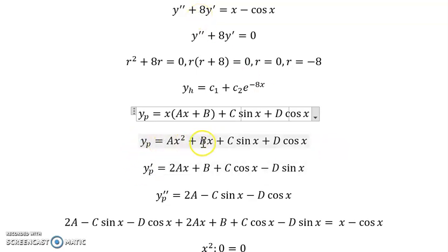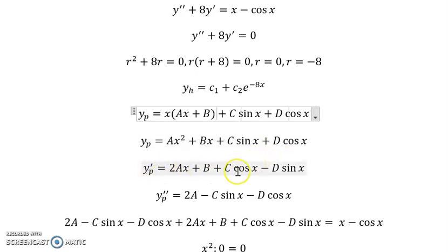Okay, so my guess then is ax squared plus bx for the x portion and c sine x plus d cosine x. That is not part of the homogeneous solution, and so I don't have to worry about multiplying it by x because it's not the part that's repeated. And then we continue to go through our process.